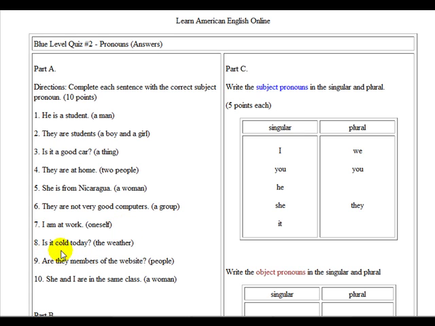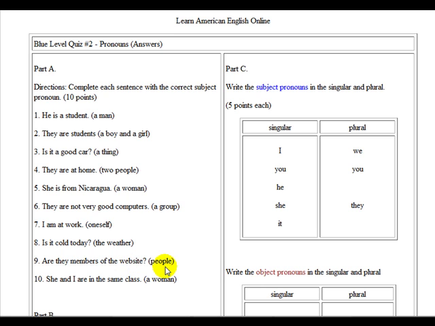It is cold today. We're talking about the weather, an object, and we use the pronoun it with the singular verb is, since it's one object. Are they members of the website? Well, it's people.